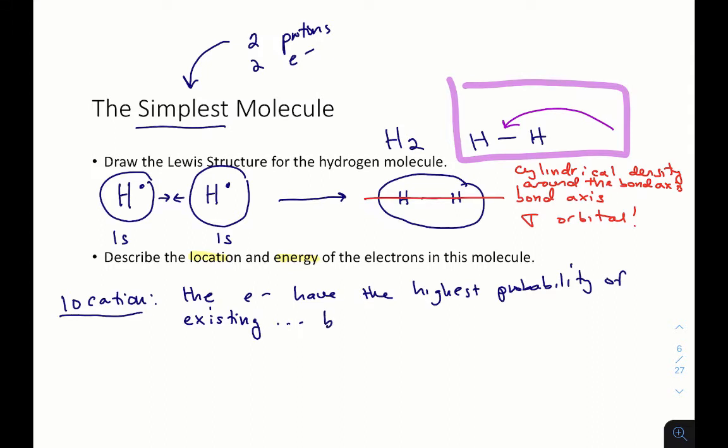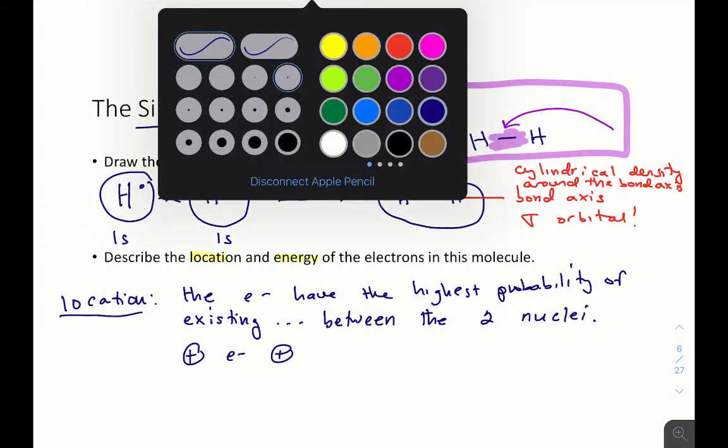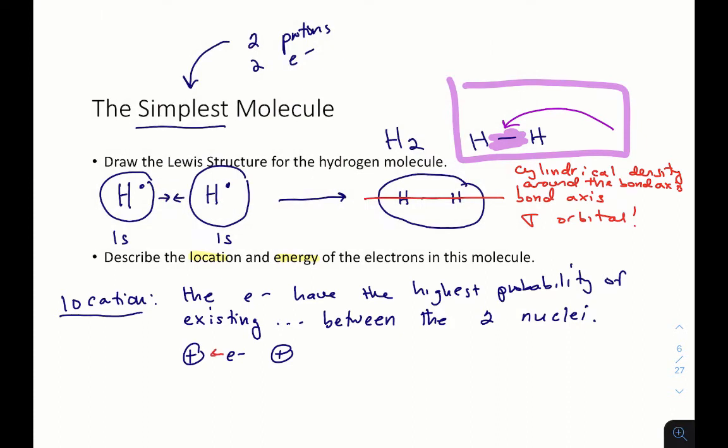That's why the line that we draw in the Lewis structure is between the 2 nuclei, because that is where the electrons are most likely to be. In between the 2 nuclei, the electron is attracted to both nuclei, right? It's attracted to both of them. It actually pulls them both towards itself. We'll talk about that a bit more later. And of course, the alternative would be the electron is outside the nuclei.